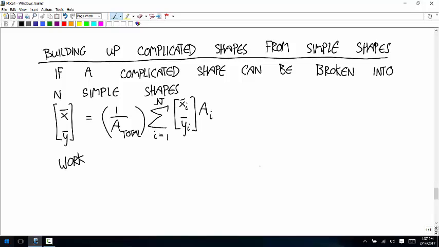And it works with subtraction too. So I'll do examples of both of these.